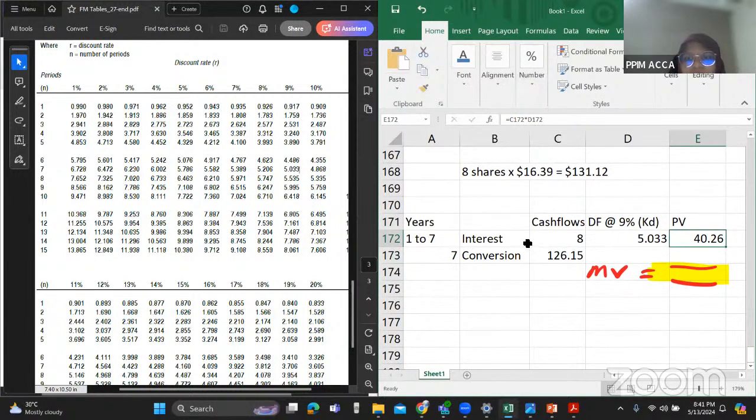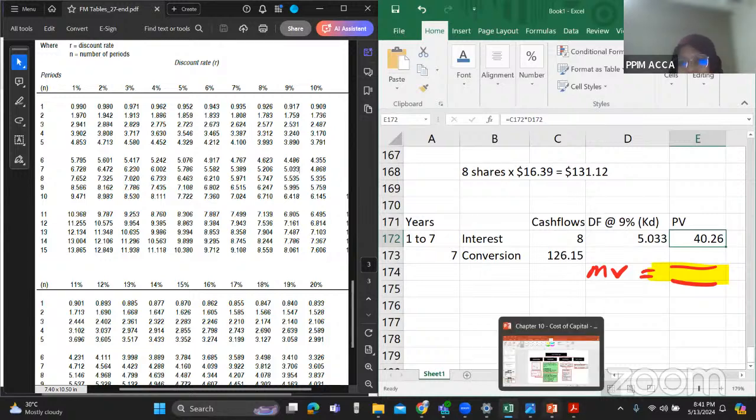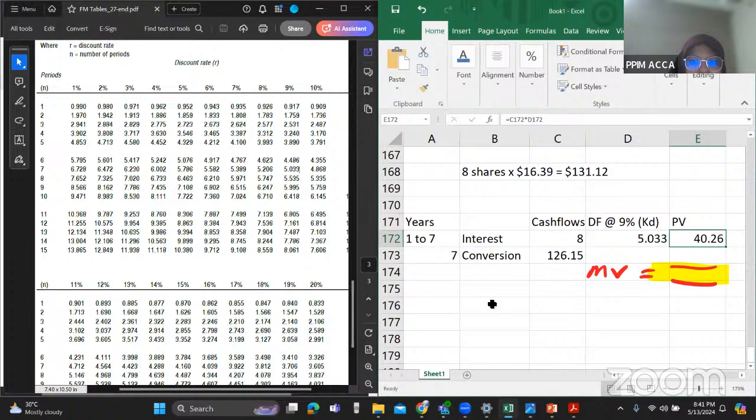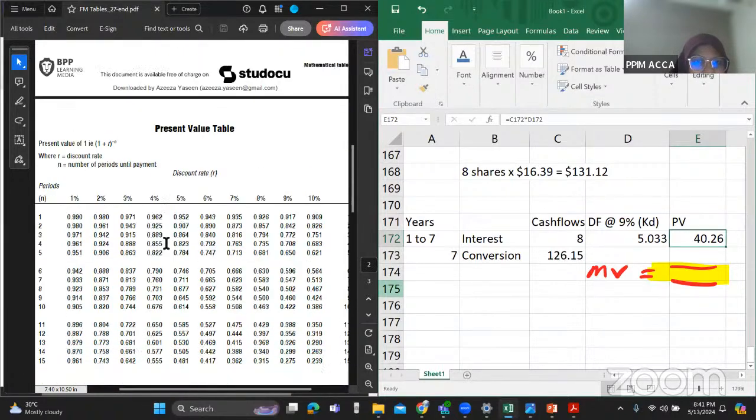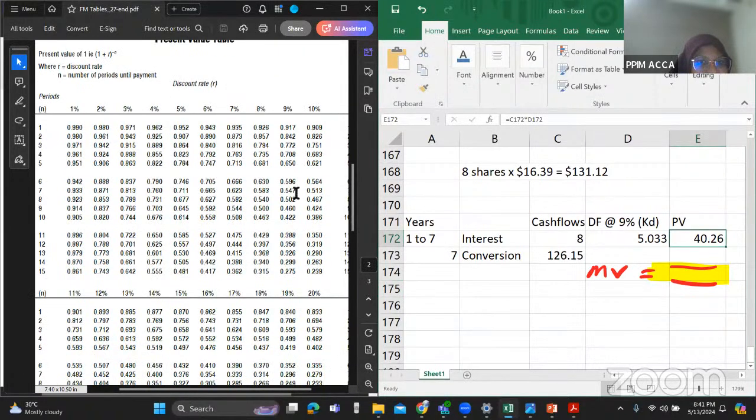Right. So then we have the conversion option, which is 126.15 happening in year 7. This is not an annuity, it's just a normal cash flow. So if you want to get the present value, you have to go to the present value table, 7 years, 9%. So this is the present value table. 9% for 7 years is 0.547.